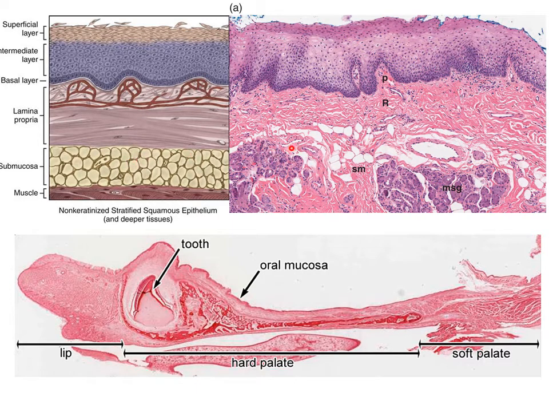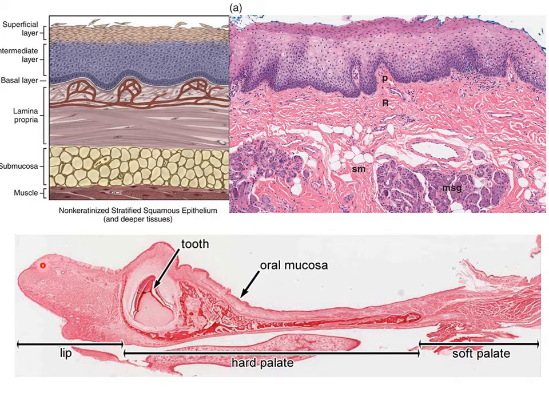In the submucosa, SM, you can see loose connective tissue and small salivary glands, the secretory portion of the salivary glands. A muscle layer can also be seen there.